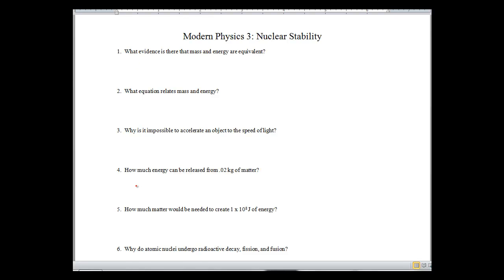All right, so nuclear stability. What evidence do we have that mass and energy are equivalent? Well, what we see is that in any nuclear reaction, a tiny amount of mass is lost, and an energy corresponding to that loss in mass is gained.